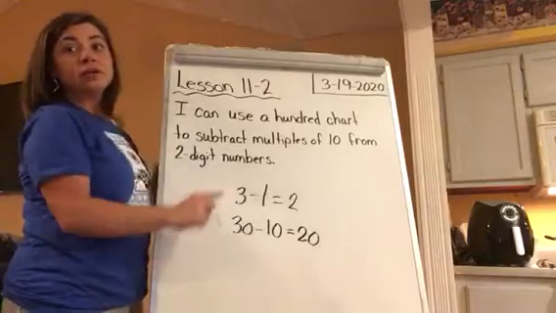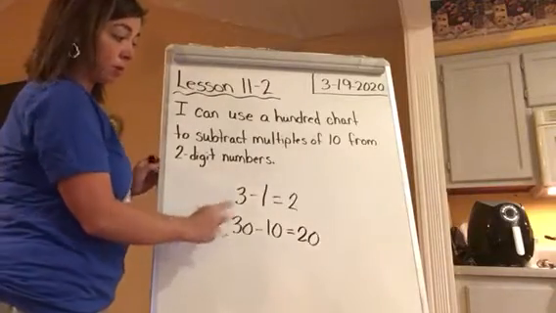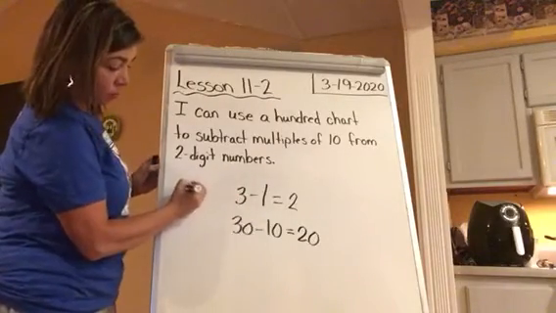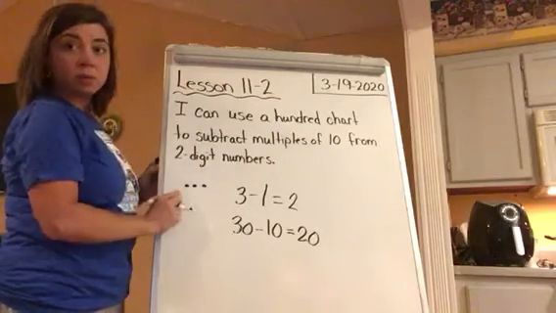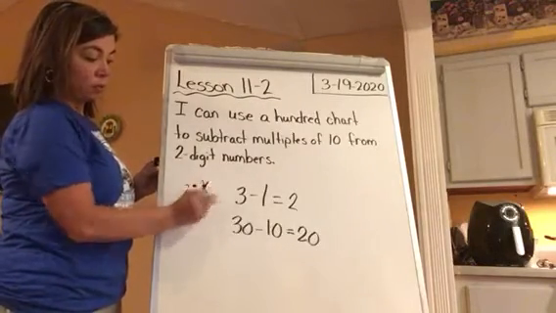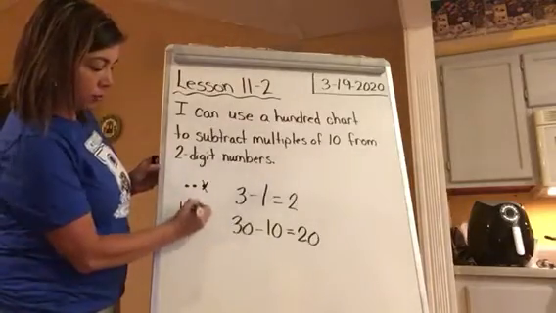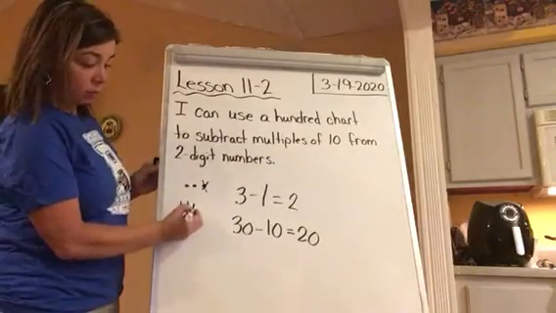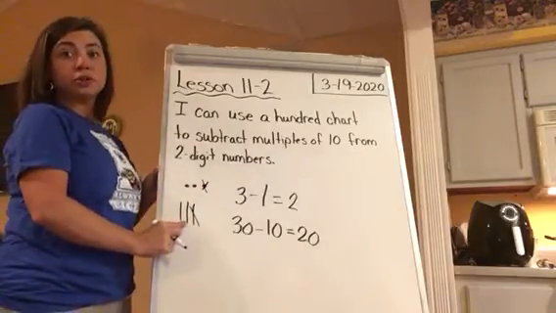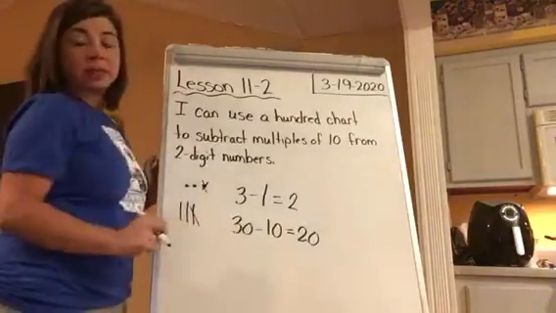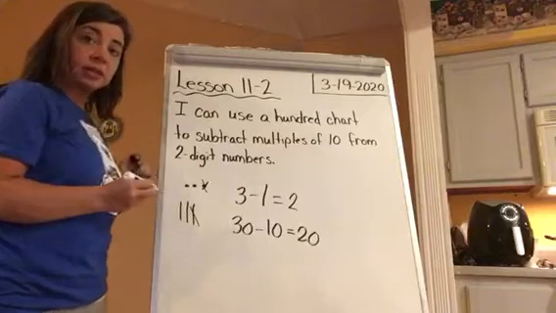Very good. So we used place value blocks: 1, 2, 3 ones, take away 1 one equals 2, and then 1, 2, 3 tens, take away 1 ten equals 2 tens, which is 20. So that was yesterday's lesson.